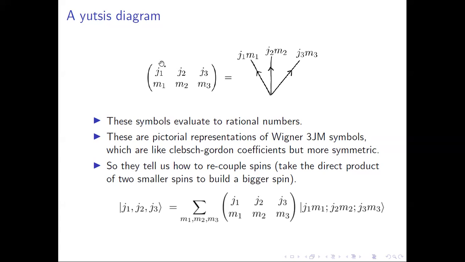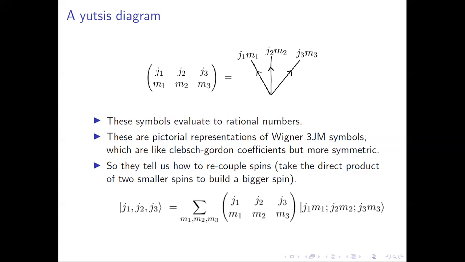Now, this Wigner symbol, the thing on the left here at the top, looks like a matrix. To warn you in advance, it is not a matrix. When you put in the numbers for each of them, it should evaluate to a specific number, because they are the coefficients in this formula at the bottom that tell you how things relate. However, if you leave out the m's in the Yutsis diagram, then it does have a sort of matricial structure, because in this case, you're talking about the various m's that could happen.